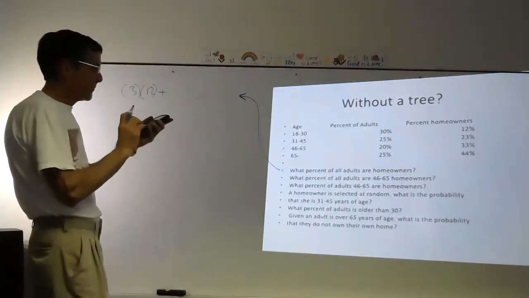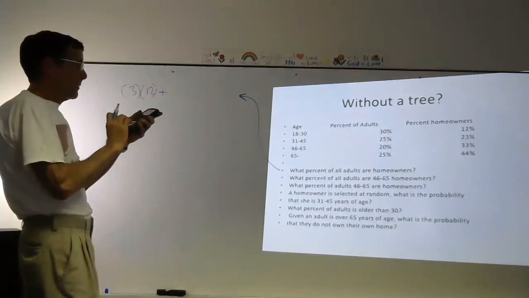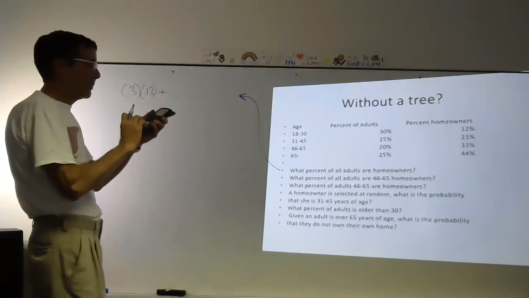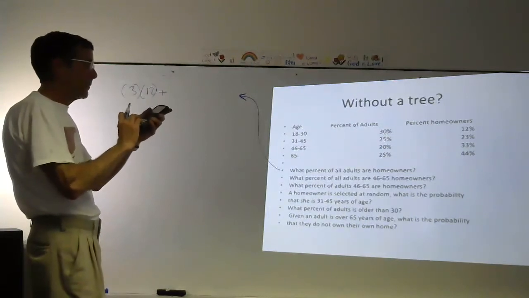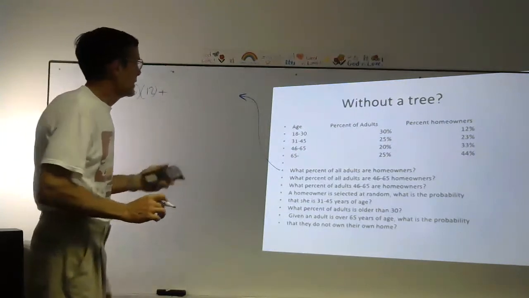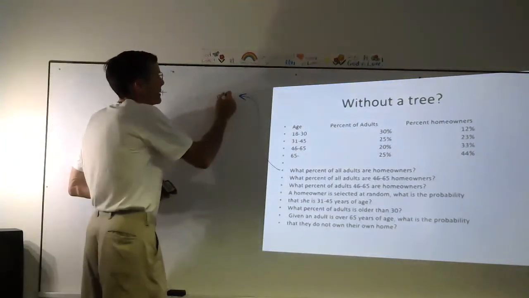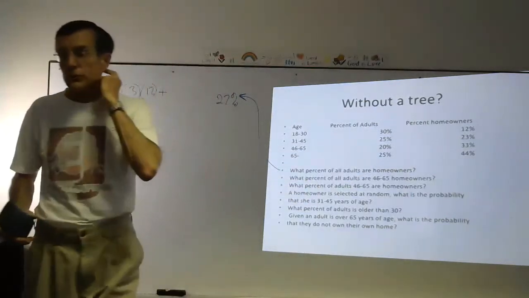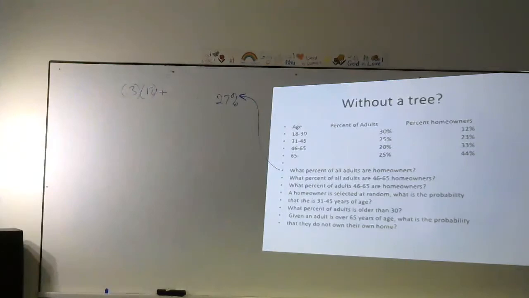So let's do it. It is 0.30 times 0.12 plus 0.25 times 0.23 plus 0.20 times 0.33 plus 0.25 times 0.44 equals, and I get 27% of all adults are homeowners, okay?